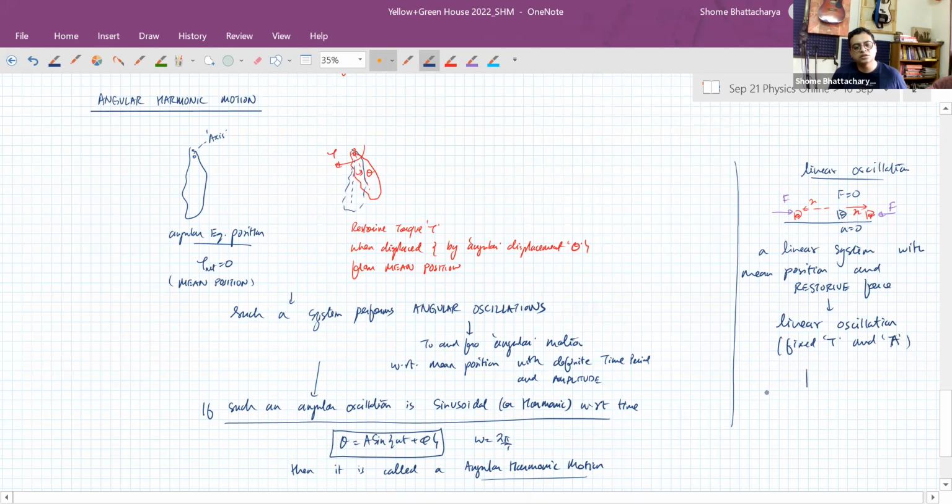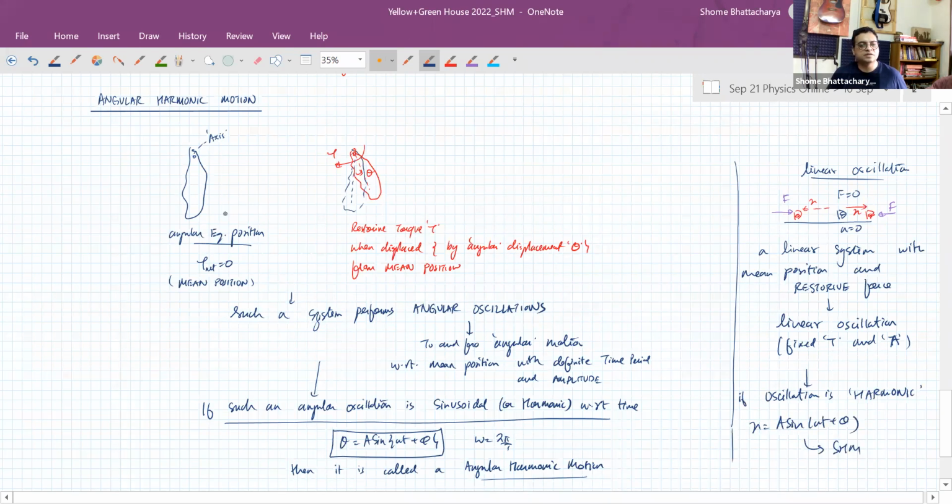But if this oscillation is harmonic, then it is called a simple harmonic motion.